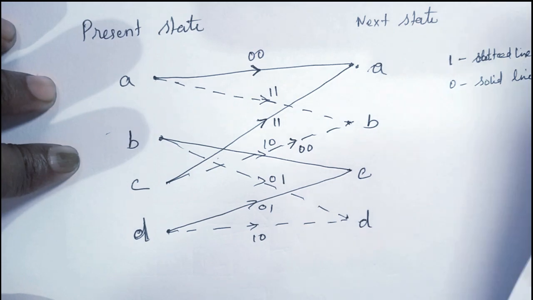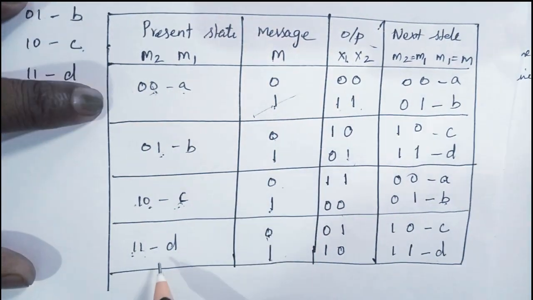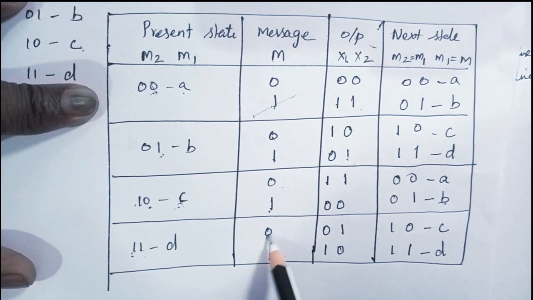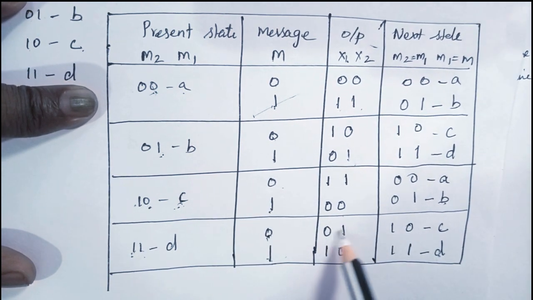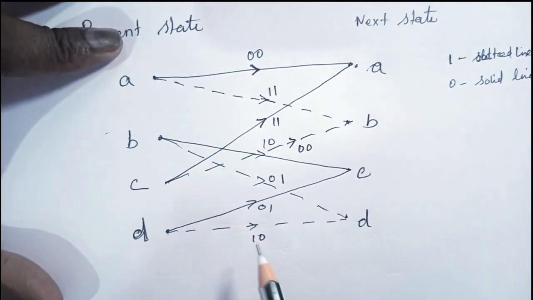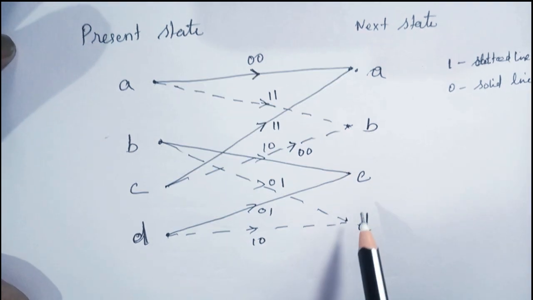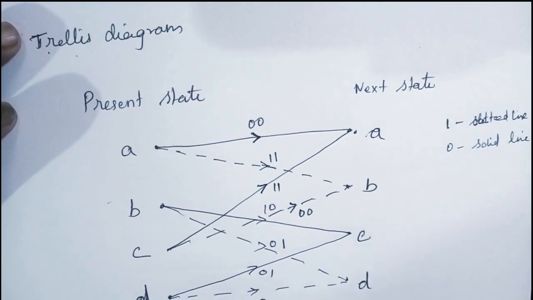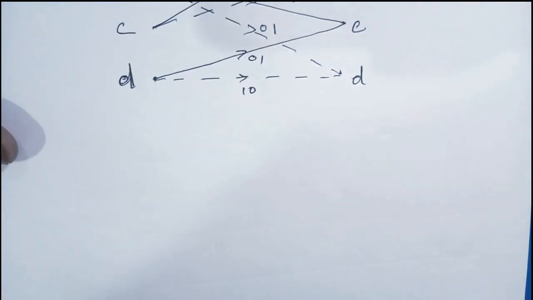So this is your trellis diagram. Next, we are going to see the state diagram.